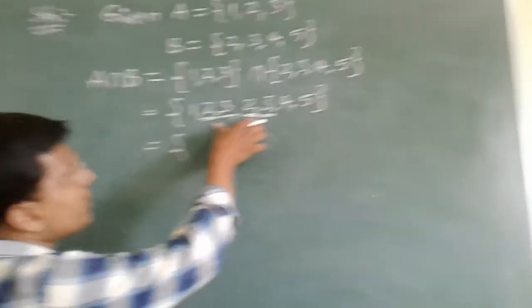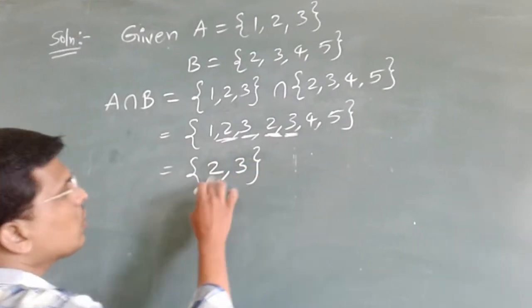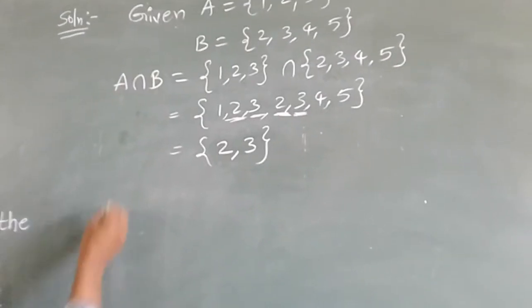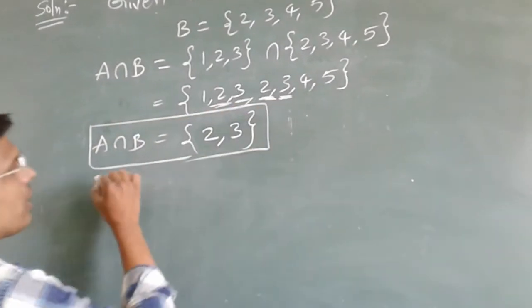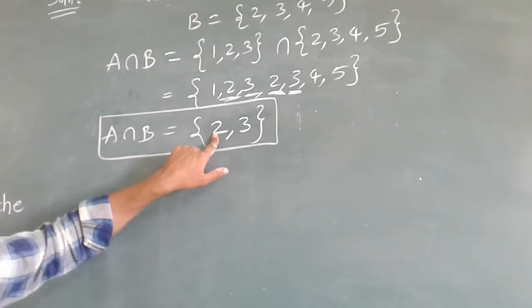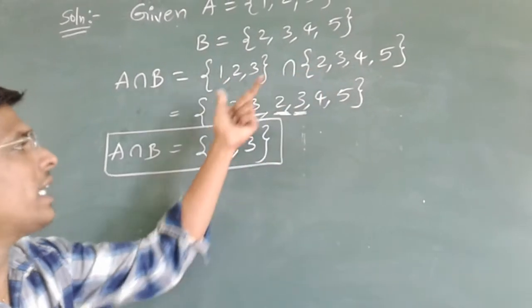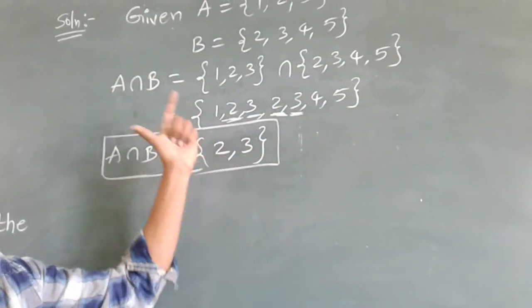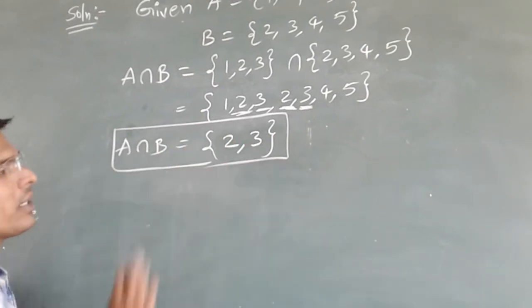So only these two elements are common. That's why our answer is {2, 3}. So A intersection B is equal to {2, 3}, the elements which are present in both set A and set B.